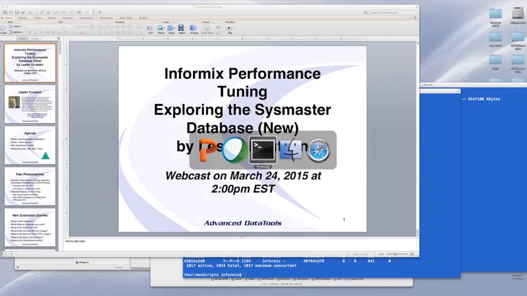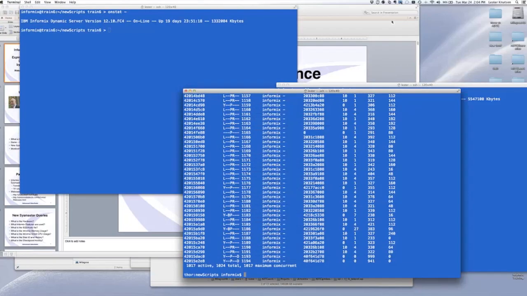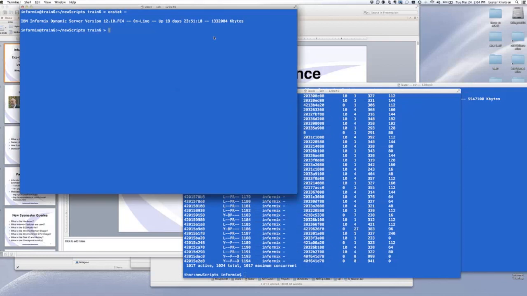When I demo, I have 3 machines I'm on. One you'll see is one of our training machines called Train 6. If you ever come to one of our classes here, every student gets their own server, and I'm using Train 6, one of our training servers.